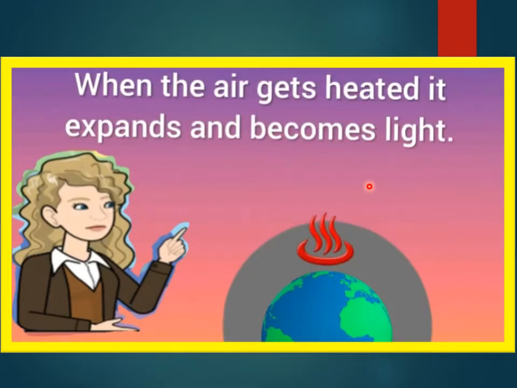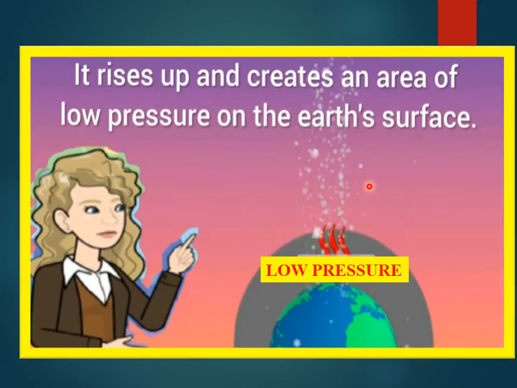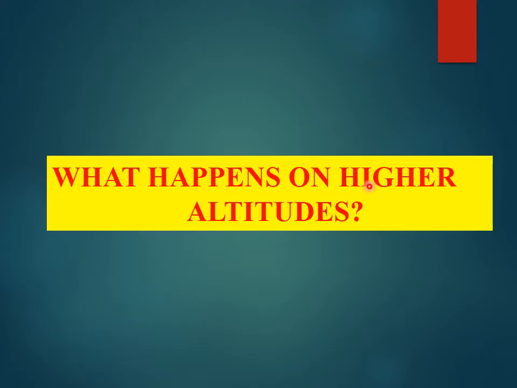Children, when air gets heated by the sun rays, it expands and becomes light. Now once the air is heated, it rises up and creates an area of low pressure on the earth's surface. Now let us understand what happens on higher altitudes.